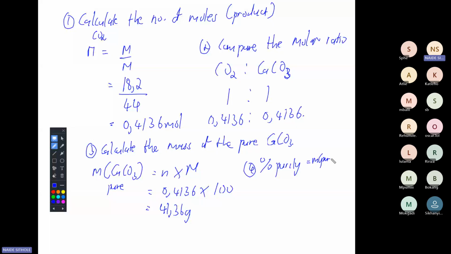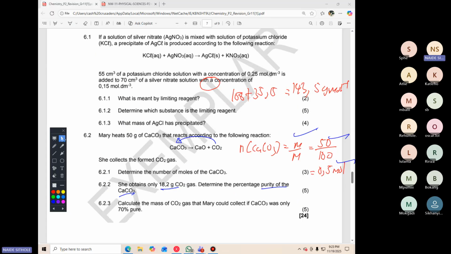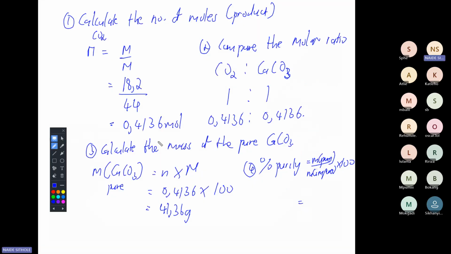Step number 4 is the percentage purity: mass of pure over the mass of the impure, times 100. The 50 gram is the impure one. So we say 41.36 divided by 50 multiplied by 100.